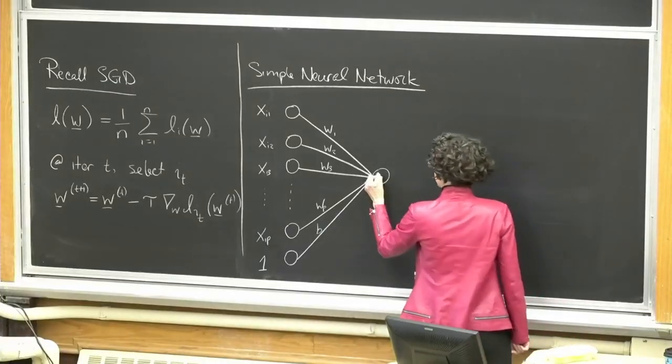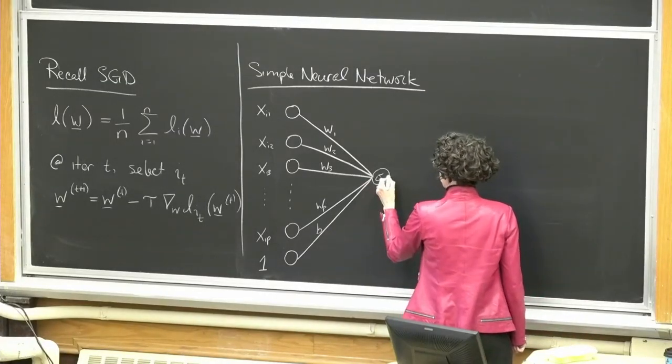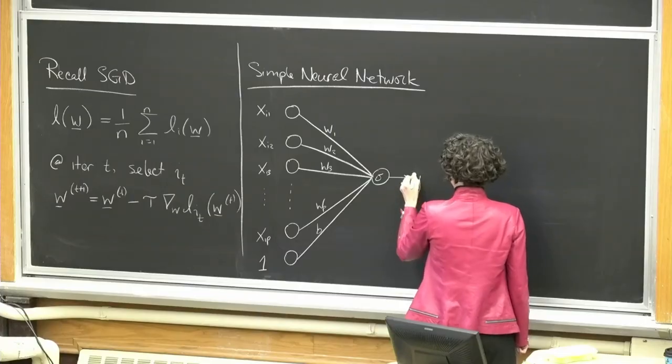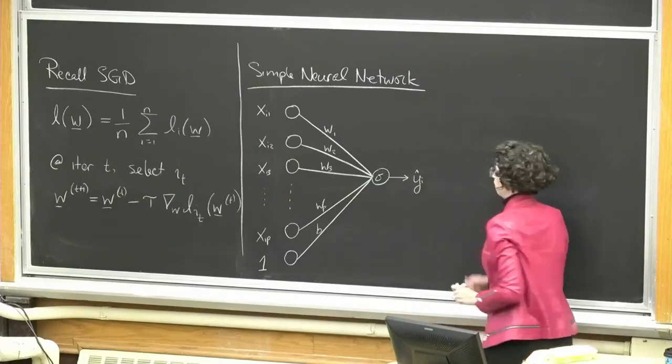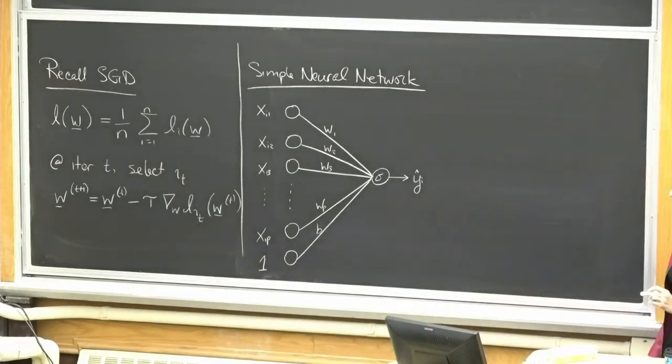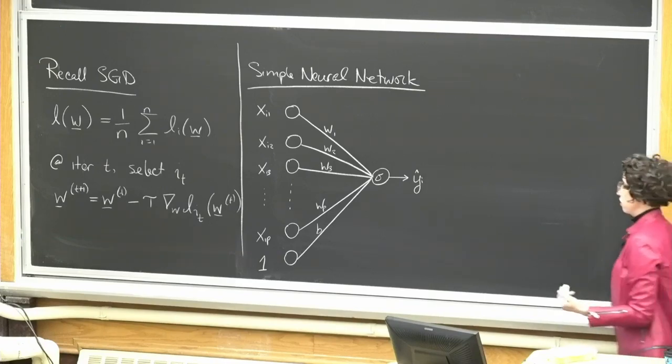And then inside this node here, I will have a sigma, and the output will be a y hat_i, if I feed in feature vector x_i. So when I write this diagram, this corresponds to a very simple equation.